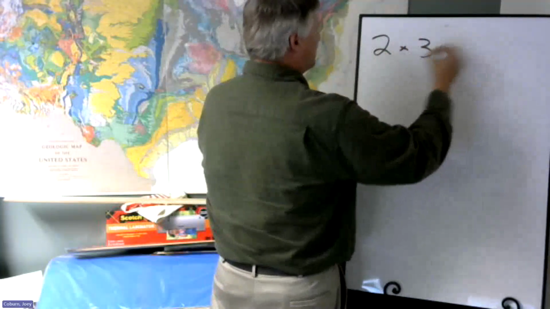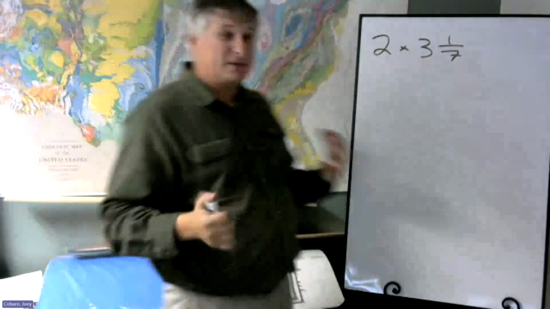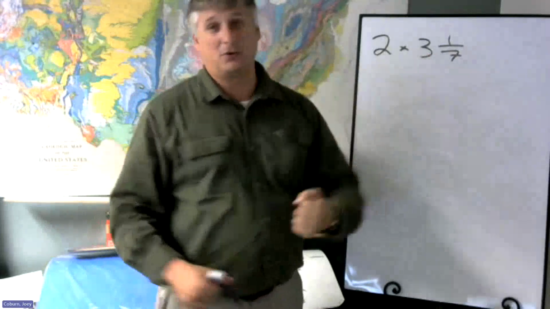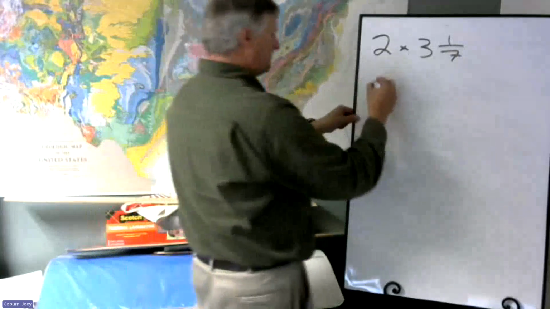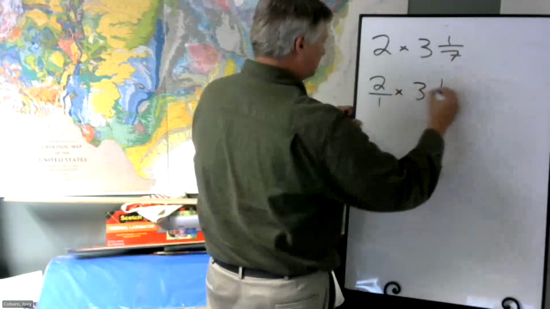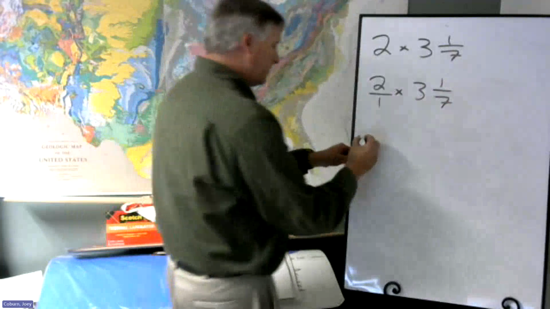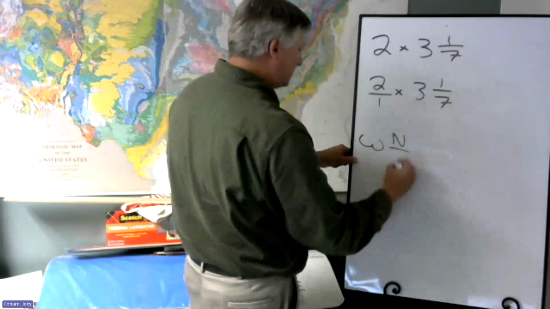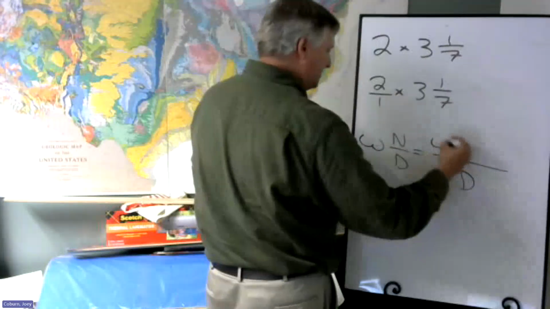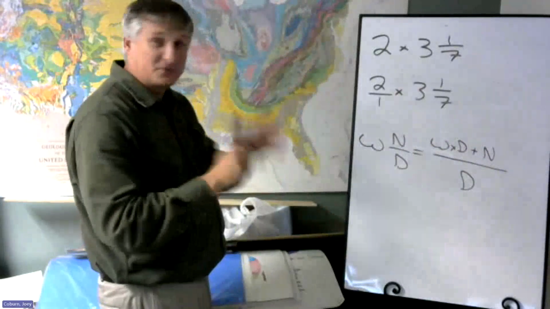So suppose we have something like this. 2 times 3 and 1/7. So now we've got to do two things. We've got to make this an improper fraction, and then turn the 2 into a fraction too. Well, putting that over 1, that's all we've got to do. Now this one takes a little more work. Remember, W n over D equals W times D plus n, over D. That's the formula.